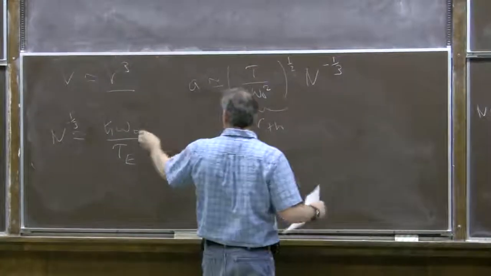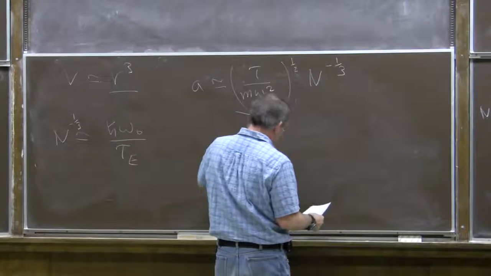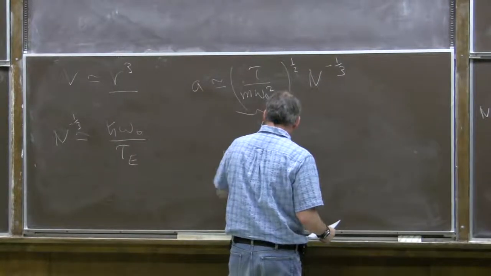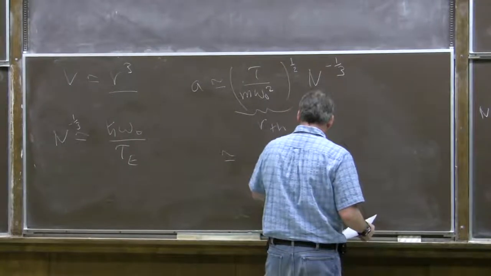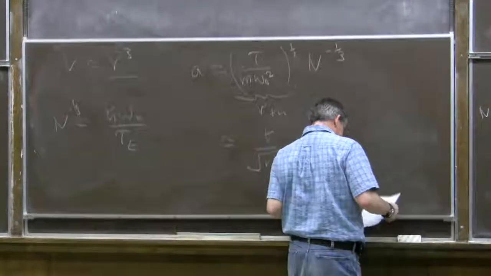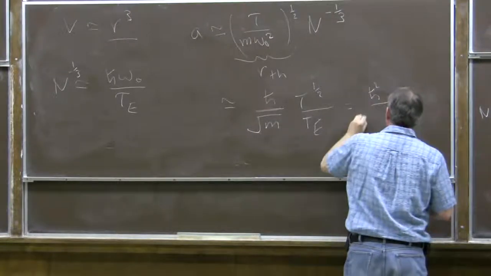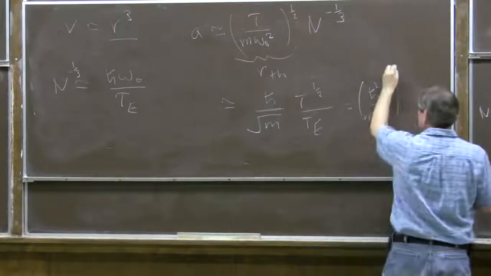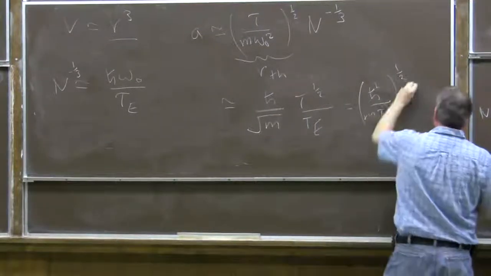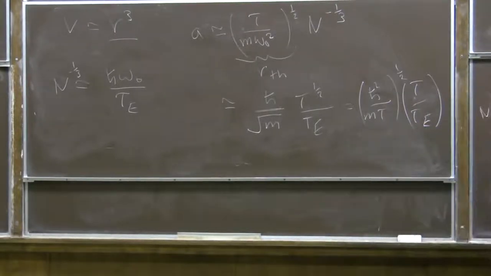So, I multiply this times this, and I get h bar over the square root of m, tau to the 1/2 over tau Einstein, or h bar squared over m tau to the 1/2 times tau over tau Einstein. Okay.